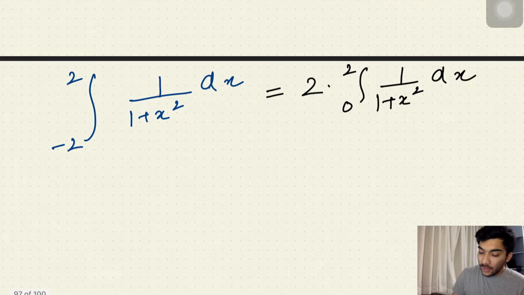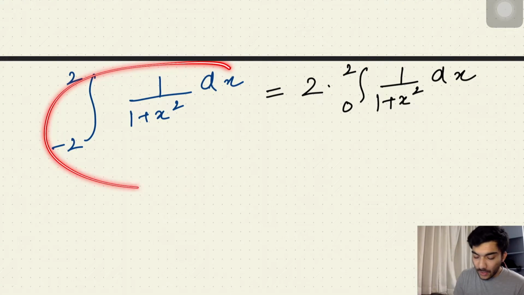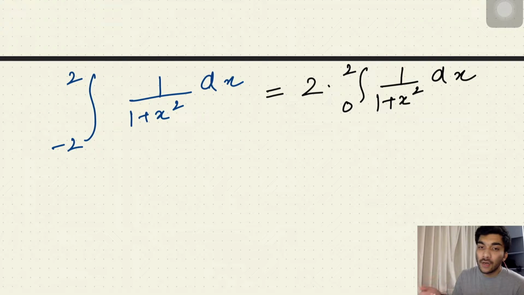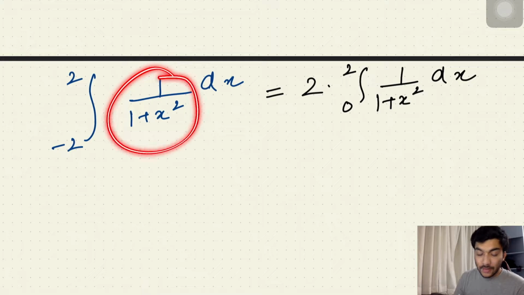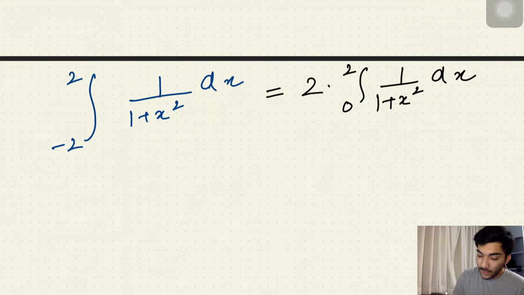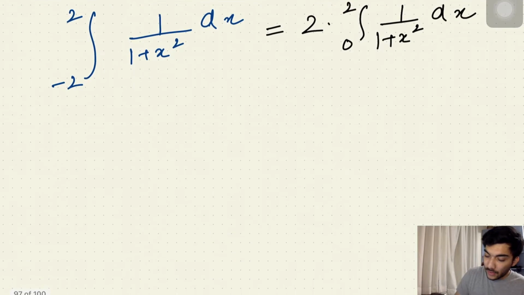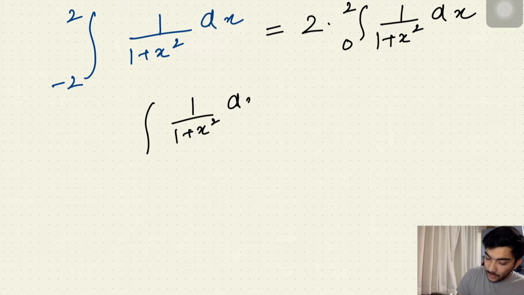So let's evaluate this expression because it seems to be a bit easier, but at last we'll cover both of those sides and confirm that the answer is indeed true because this is an even function. So now we have to calculate the integral of 1 upon 1 plus x square dx from 0 to 2, and we'll double it at the end in order to calculate the final answer, right?